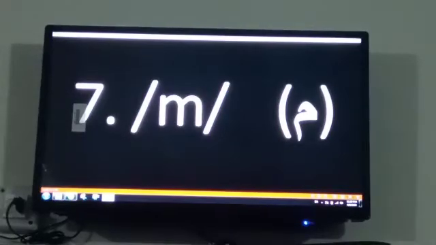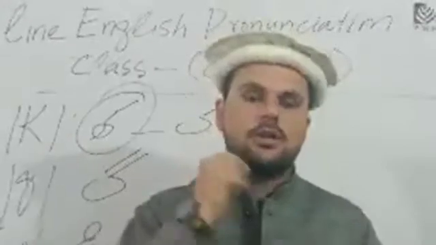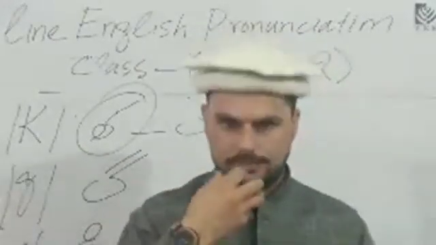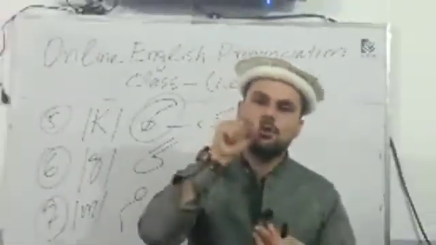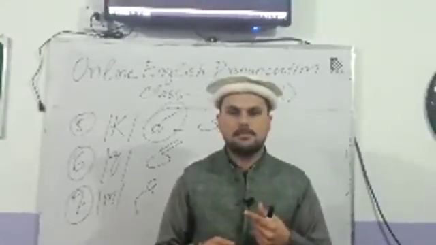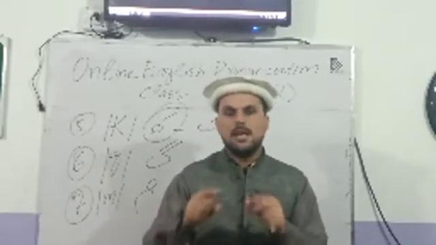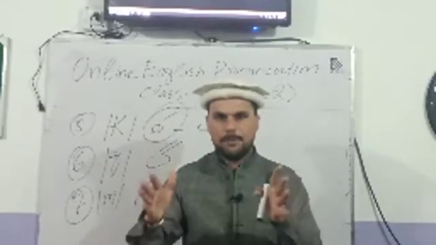Your mouth is closed, and when the air comes from the lungs, it goes through the pharynx and the larynx. The oral cavity is closed, and the air comes through the nasal cavity, through the nose. So it is a nasal sound, represented by small m.